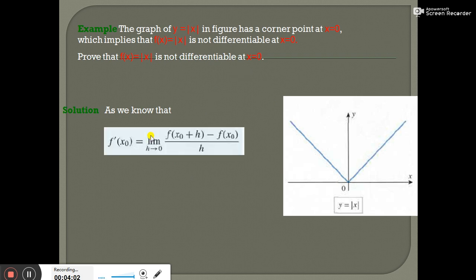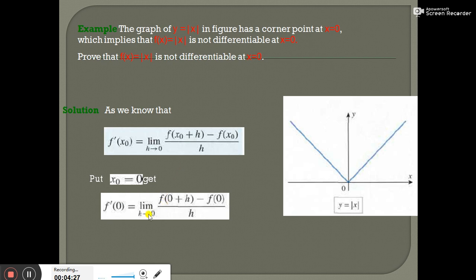As we know the formula, f dash x naught is equal to limit h tends to 0, f of x naught plus h minus f of x naught divided by h. Here x naught is the point where we have to find differentiability. Now put x naught equal to 0. We get f dash 0 equal to limit h tends to 0, f of 0 plus h minus f of 0 by h.